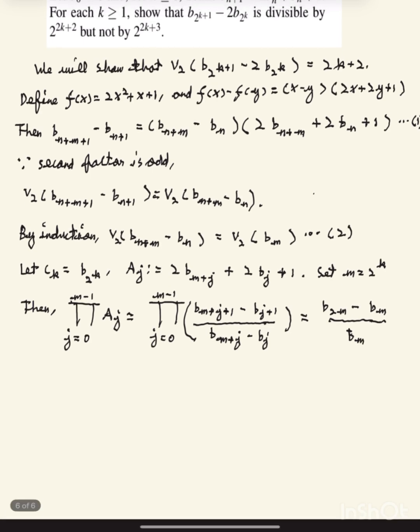Okay, so this is our product, and now this is equal to c_{k+1} minus c_k divided by c_k, and we will set this equal to some u_k.